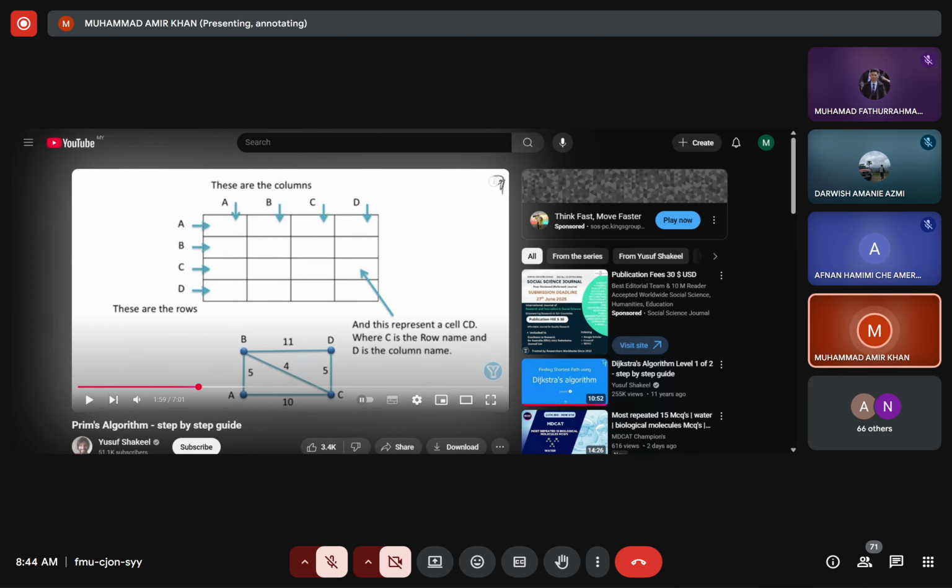This is the representation of cell CD, where C is the row name and D is the column name. First we call the row name and then the column name. So, how many cells are in that table? 16 cells. We have 4 into 4, 4 cross 4, 16.